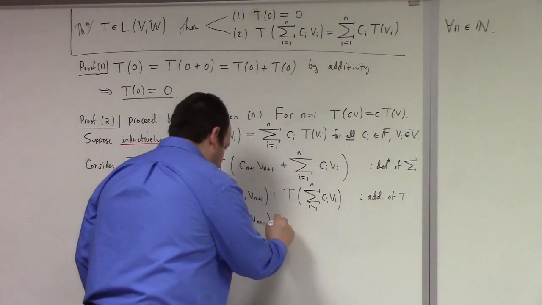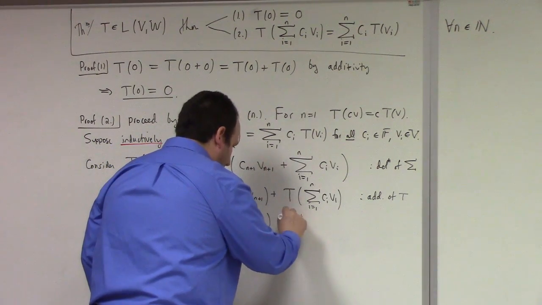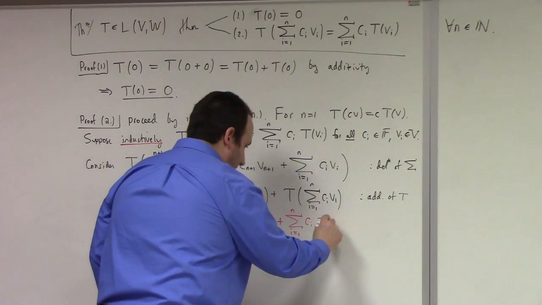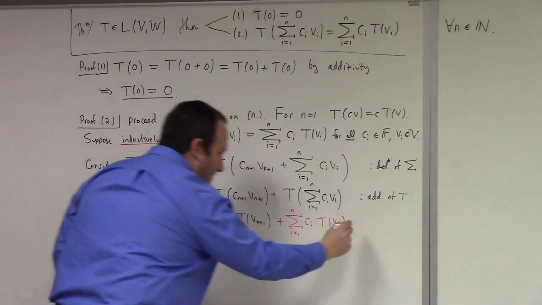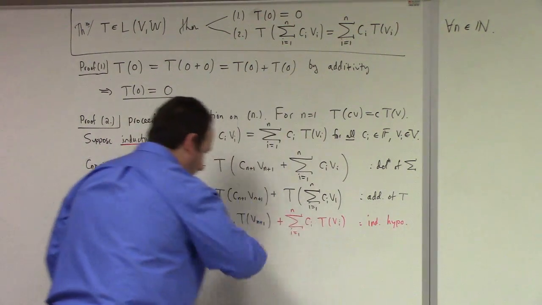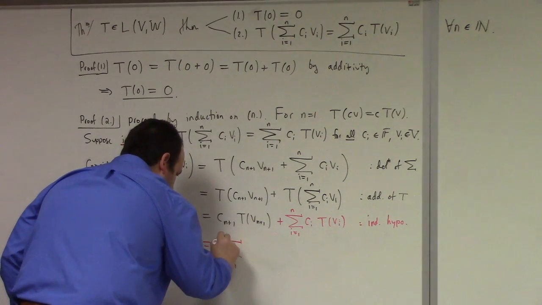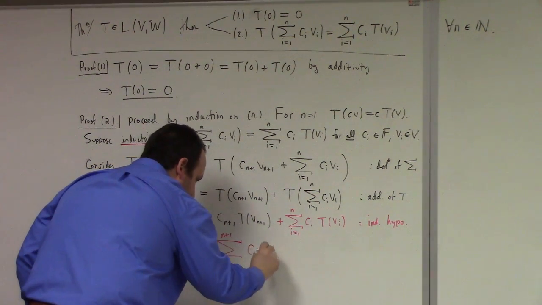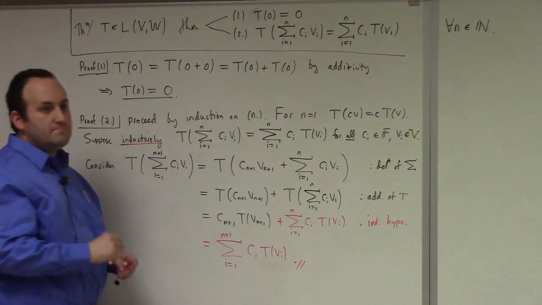So my induction hypothesis is precisely that I can rewrite this as the sum i equals 1 to n of ci T of vi. But then, by definition of finite sum again, I have the sum i equals 1 to n plus 1 of ci T of vi. And that completes the proof by induction.